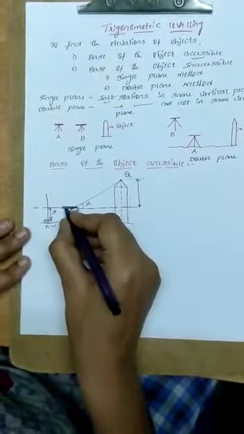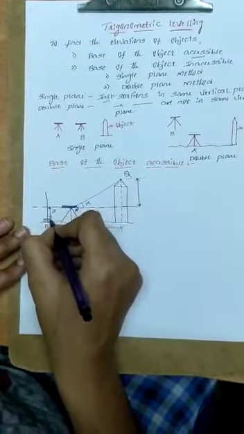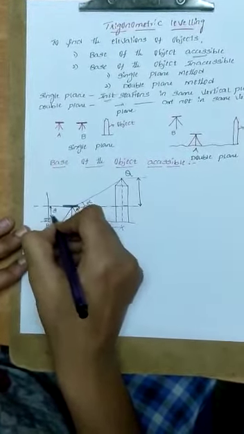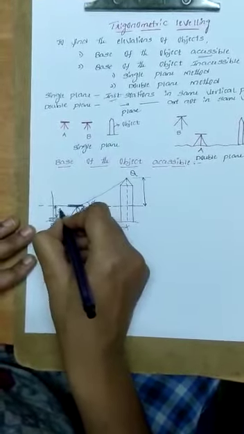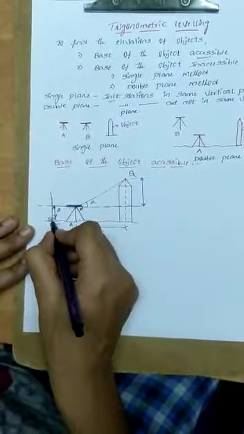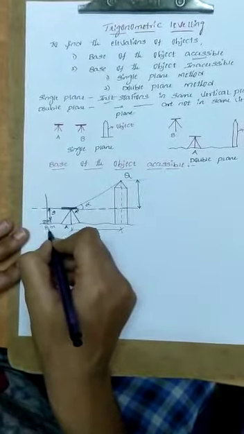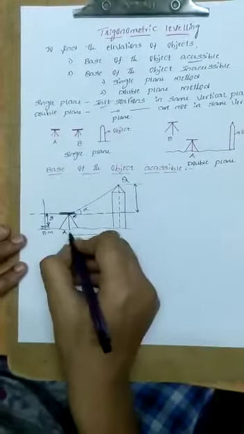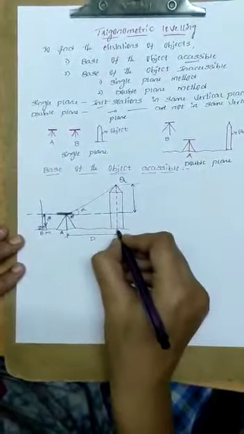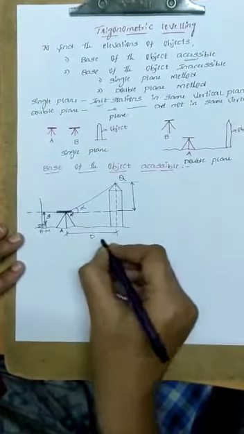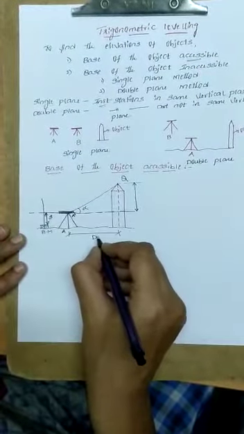Next, transit the telescope and keep the staff on this benchmark and note down the staff reading. That staff reading is denoted by small s, and this will be the benchmark where the RL is known to you. The distance from the instrument station to the elevated object is denoted by D, which will be known to you.